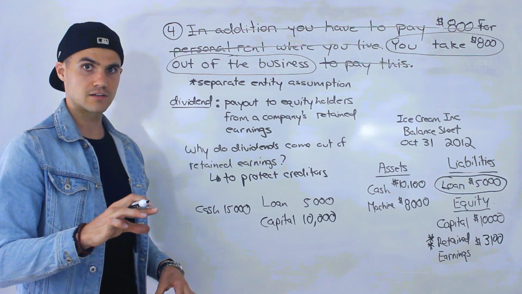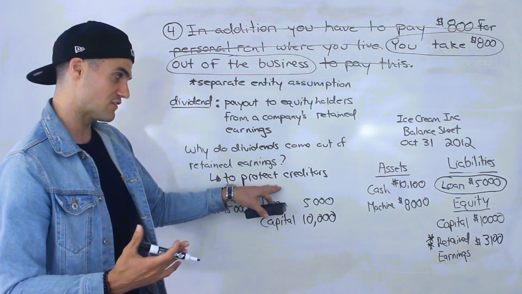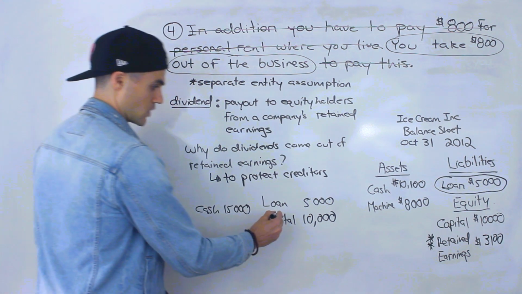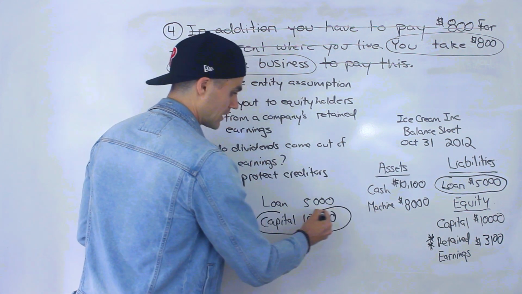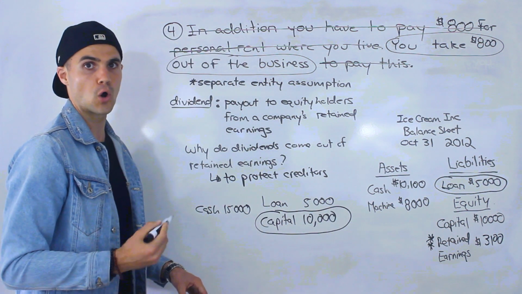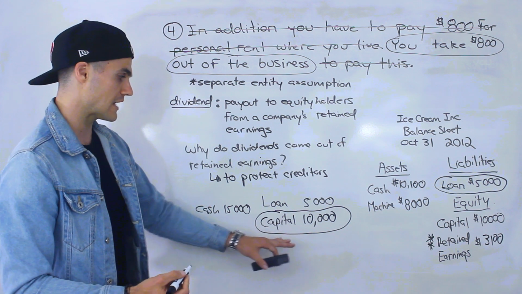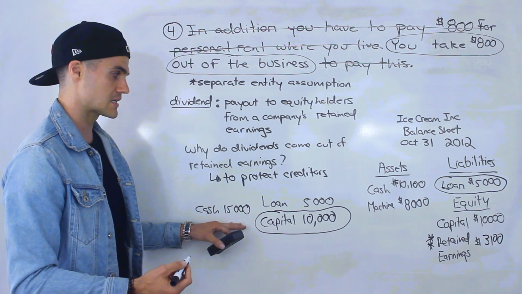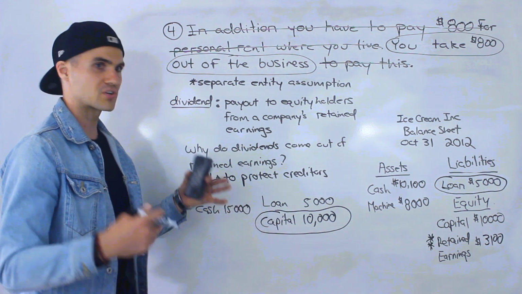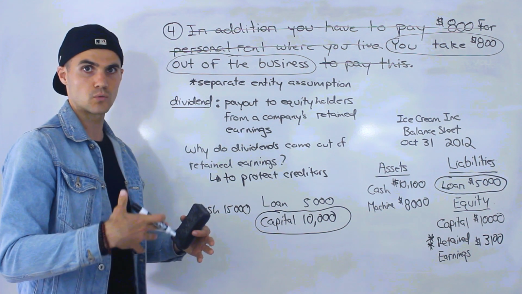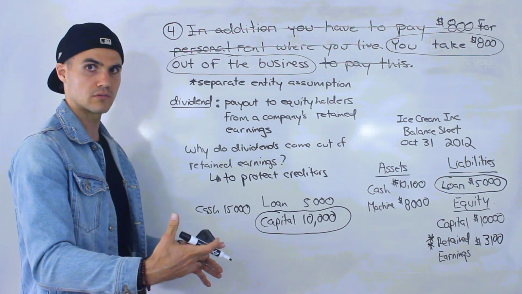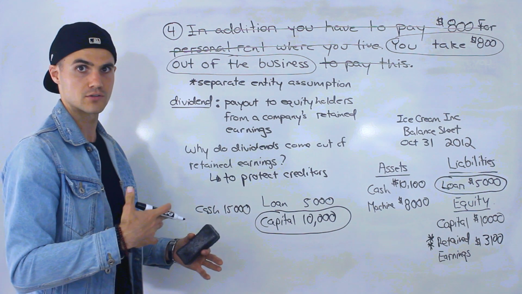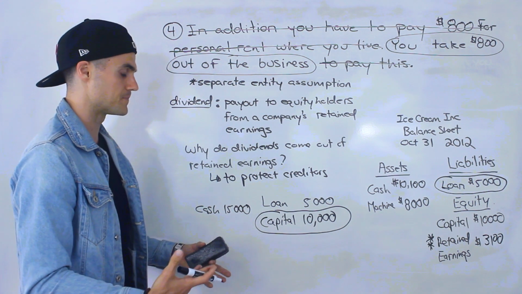But a big factor in their decision to give you this $5,000 was you putting up $10,000 of your own money, right? Because the more money that you put up into the business, the more protected the bank felt with giving you a loan. They feel like there's more collateral there to work with in case something goes bad.